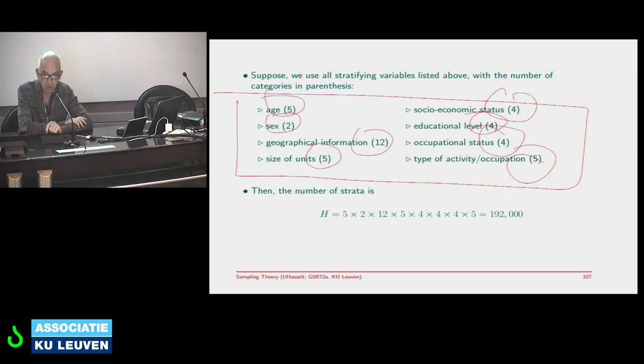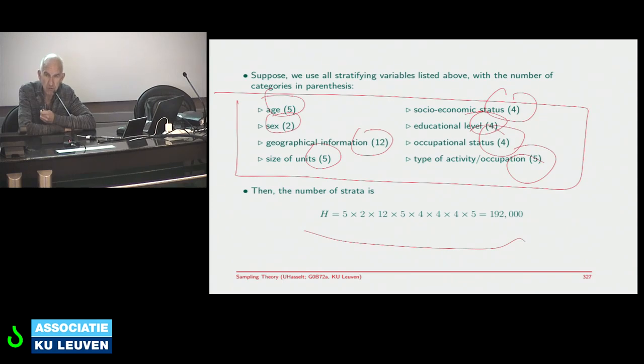If you multiply all of that, so 5 by 2 by 12, etc., you get to 192,000. Now that's a little bit of a problem for a sample of size 10,000. 10,000 is large, but the number of strata is 20 times larger than the number of people. So it's completely impossible, right? It would mean you have 0.05 person per stratum.